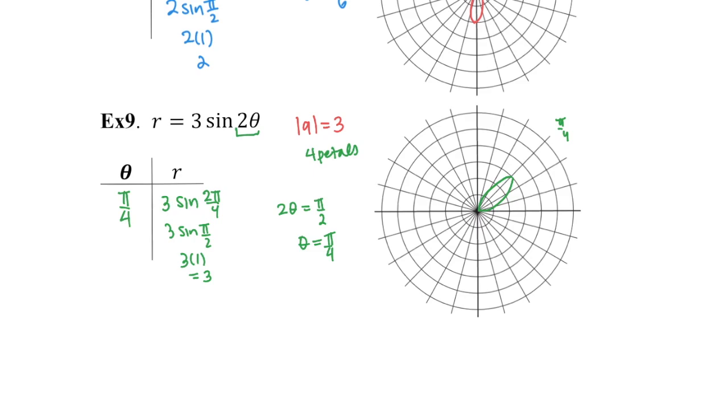It's also symmetric. Depending on how your brain works, you can find the spots that match. Okay, and then when you're done, look at it, make sure it has length 3. There are 4 petals. They appear to be equally spaced, and this was a sine function, so it is symmetric across theta equals pi over 2.